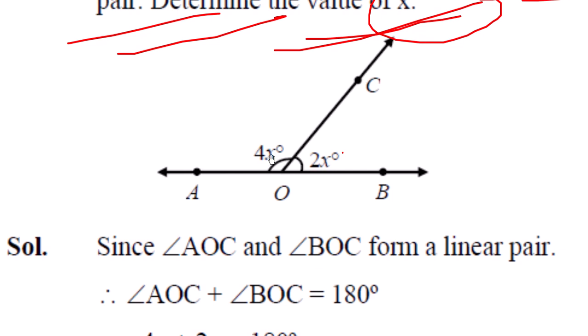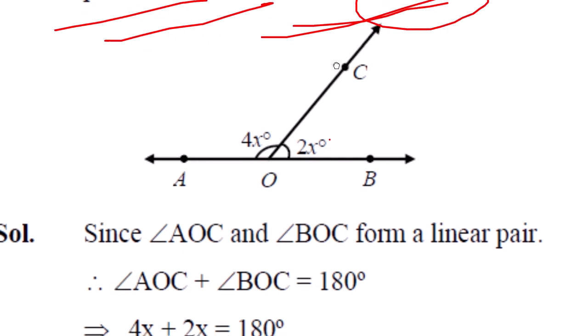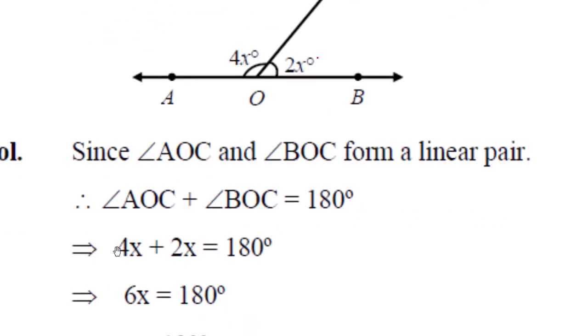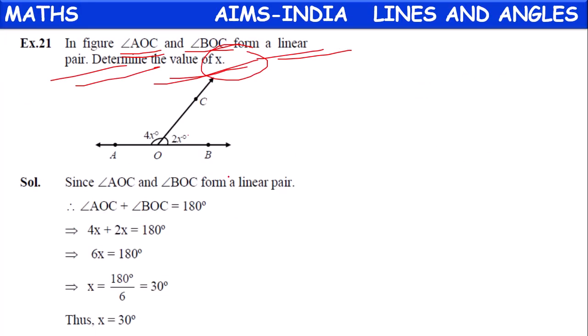So 2x and 4x are adjacent angles which form a linear pair, which means their sum is equal to 180 degrees. One is 4x, the other is 2x, the sum is 180, so 6x equals 180, x equals 30.